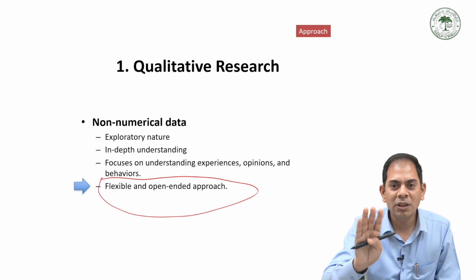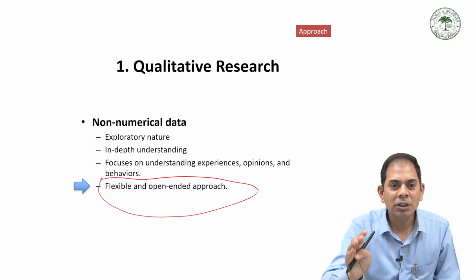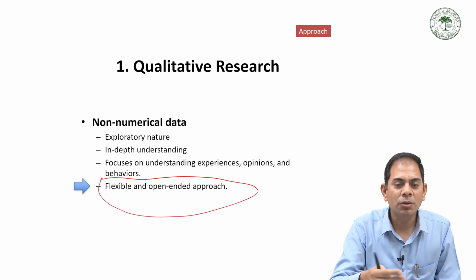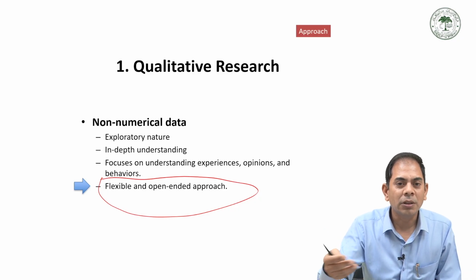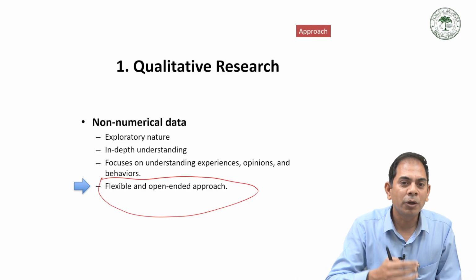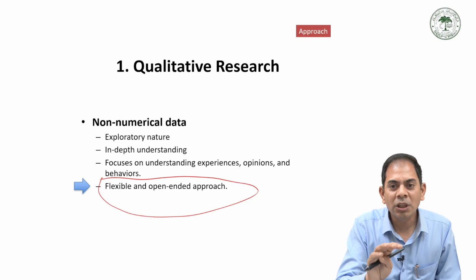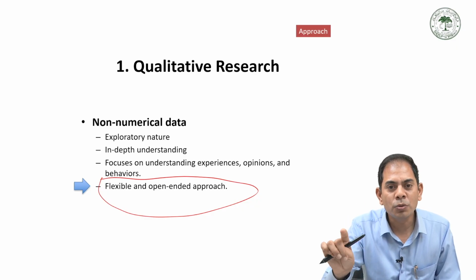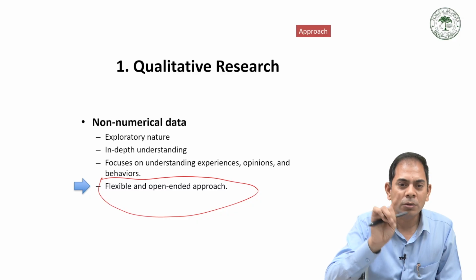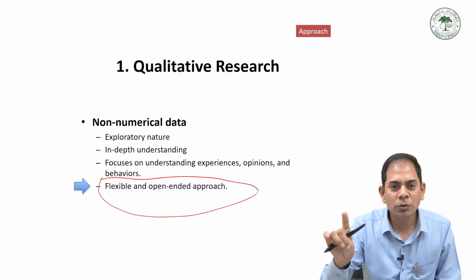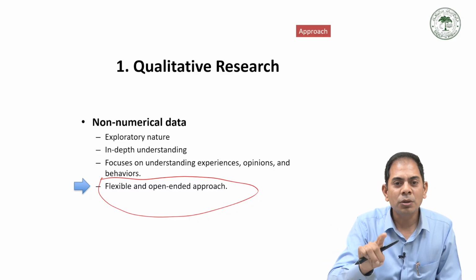The questions are always open-ended, and the researcher can adjust during the study on the basis of the replies of the players or subjects. For example, during an interview, a new question can be added based on the response of the respondent, because on the basis of the response you can analyze, revise your questions, and add new ones.